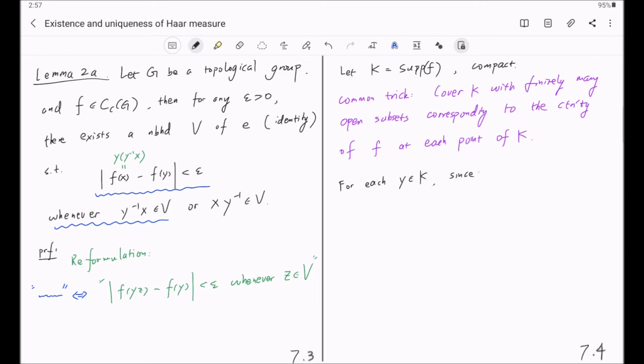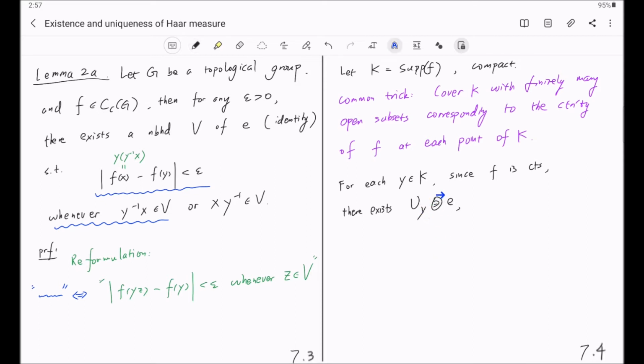since f is continuous, there exists an open neighborhood Uy containing e.